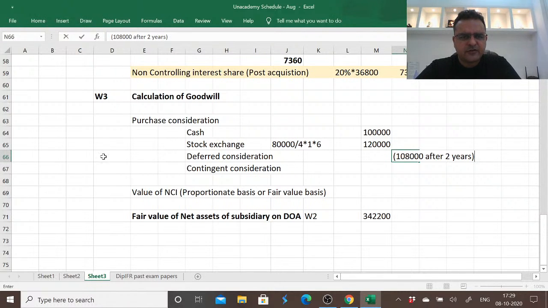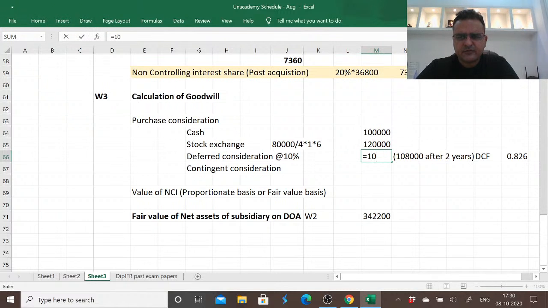So what is the present value of this 108,000 after 2 years? We'll get the discounting factor. Suppose the discounting rate for deferred consideration is 10%. Discounting factor for 2 years is 1 divided by 1.1 raised to power 2, which is 0.826.